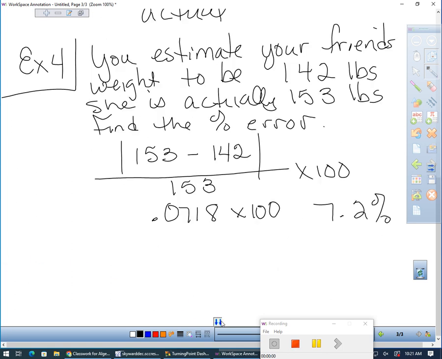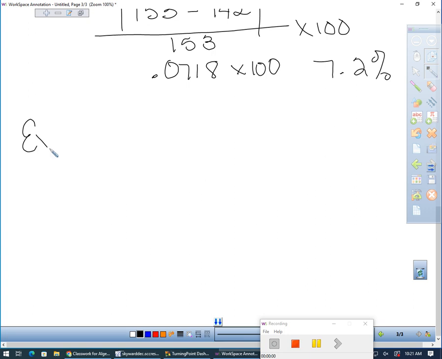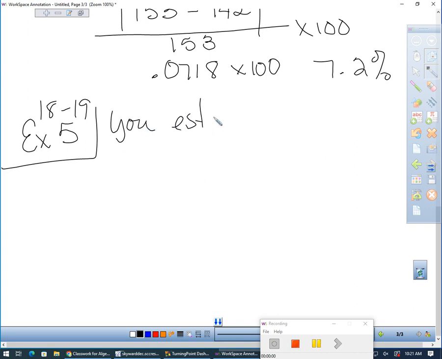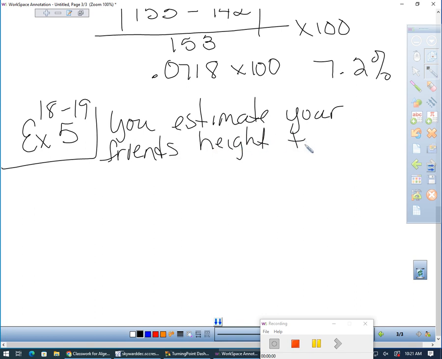All right, example number 5. This percent error has to do with problems 18 and 19. You estimate your friend's height to be, how about, let's go 6'10"?